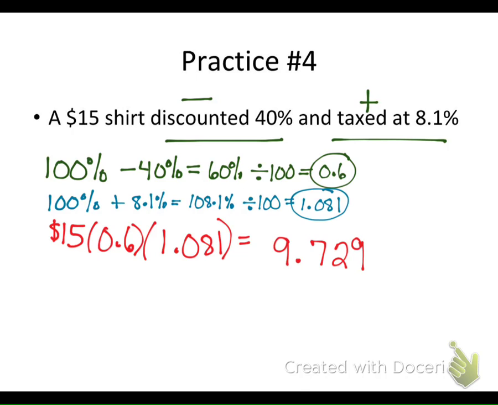How many places past the decimal do I need when I deal with money? 2. So I need the 100s spot. Anything behind that 100s spot, I'm going to drop. But I have to use it to determine if I round the number that's underlined up or if it stays the same. So I look to the right. 5 or greater? Yes. If I say yes, this 2 then goes to a 3. So the amount of the shirt was how much? 9.73. So $9.73.